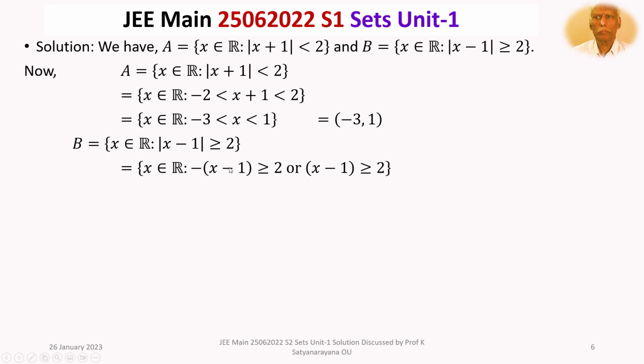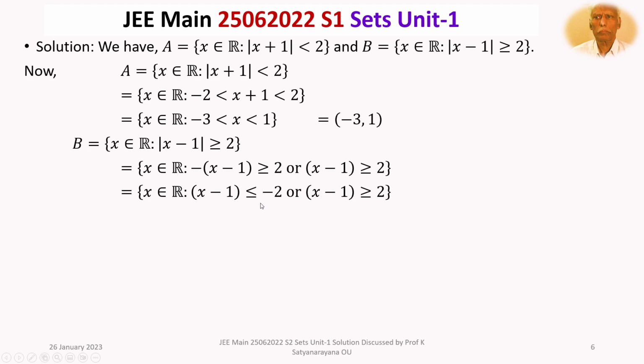For minus of x minus 1 greater than or equal to 2, multiply throughout by minus 1, and the inequality is reversed. Then you will get x minus 1 less than or equal to minus 2, and the second one remains the same.